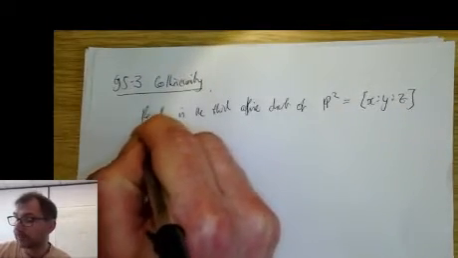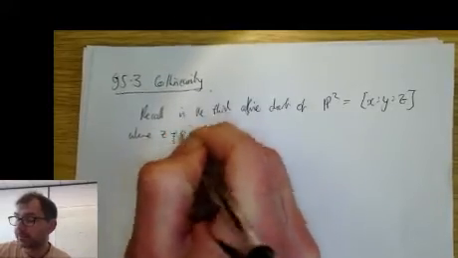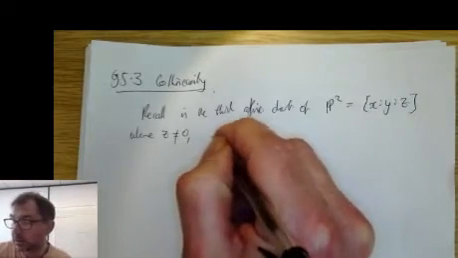So this is where z is not equal to 0. We divide by z to get the affine chart.